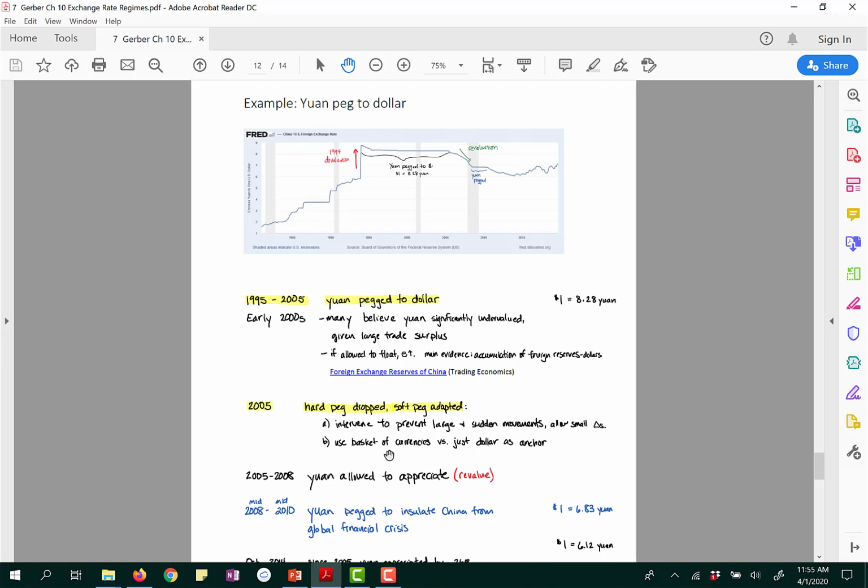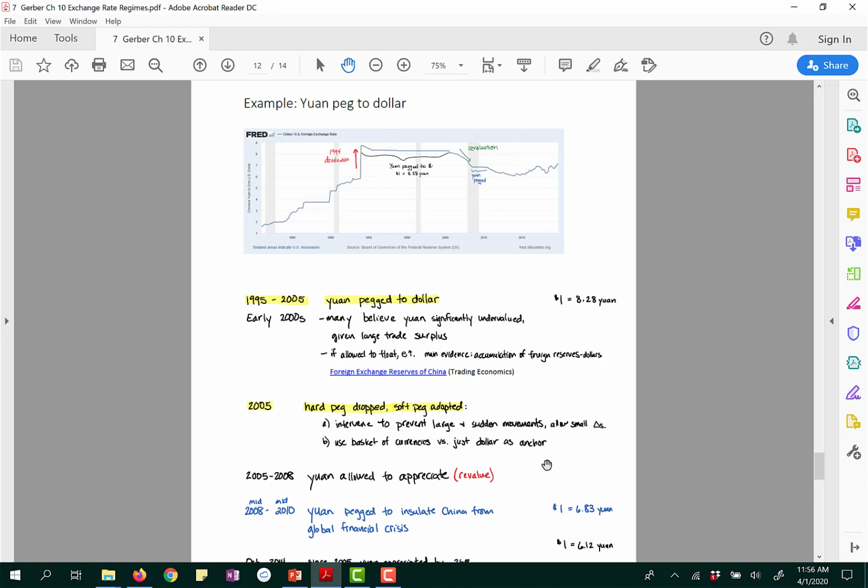They made another change at that same time. Instead of the yuan being pegged only to the dollar, starting in 2005, it was pegged to a basket of currencies. Now, the dollar is the most important and heavily weighted in that basket of currencies, but it is still technically a basket of currencies that the yuan is pegged against.